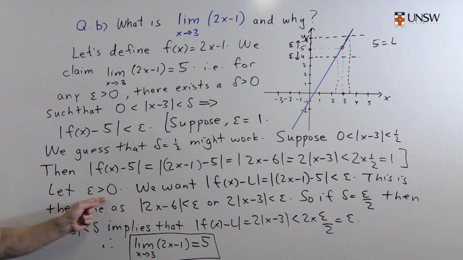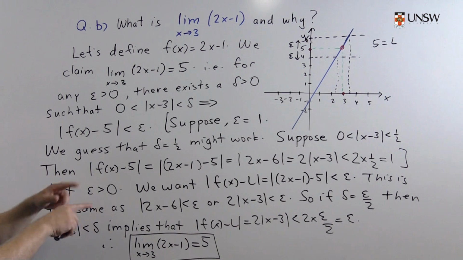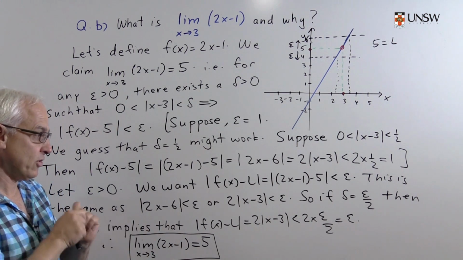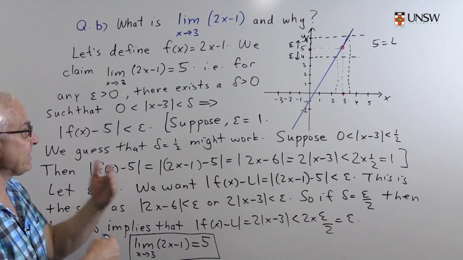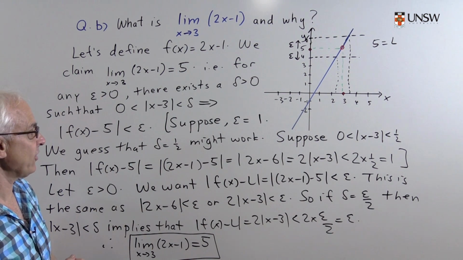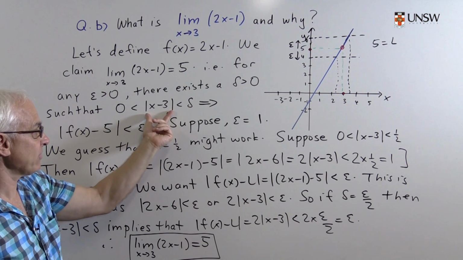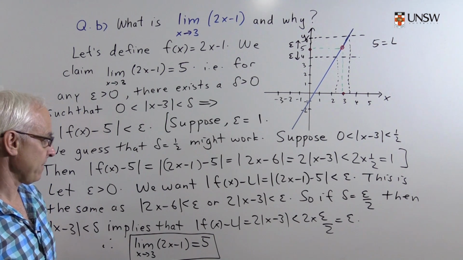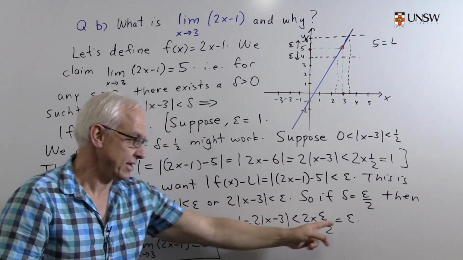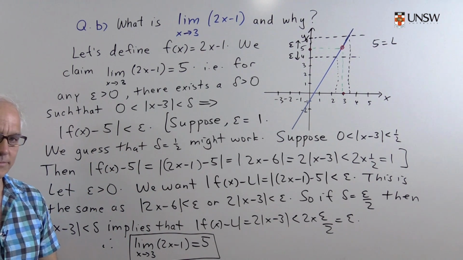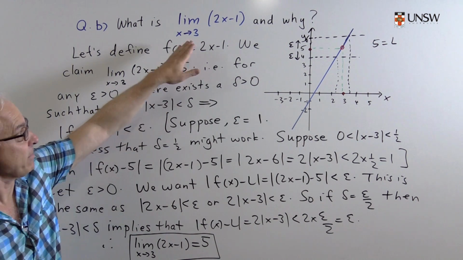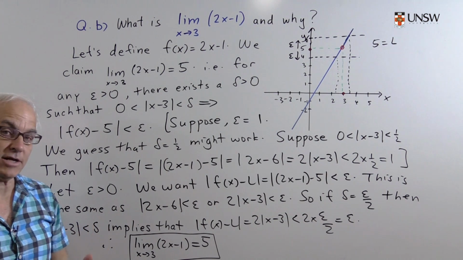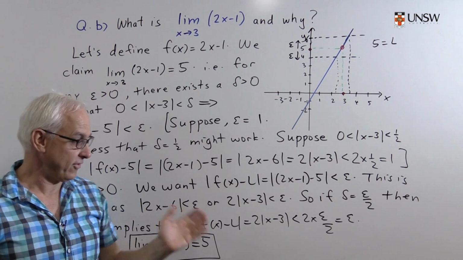We pick an epsilon, which is in general just some number greater than 0, and then in terms of that epsilon, we try to find a delta so that this basic implication is satisfied, that if x minus 3 is less than delta, then f of x minus L is less than epsilon. So I hope that illustrates this important idea of a limit in the epsilon-delta framework in this special case.